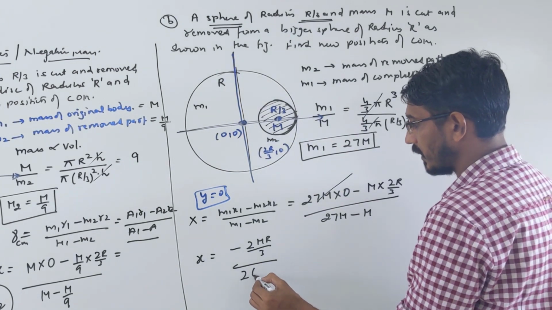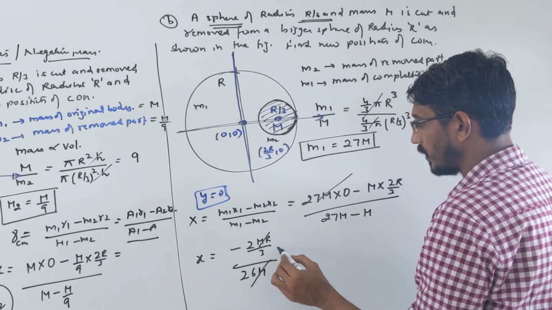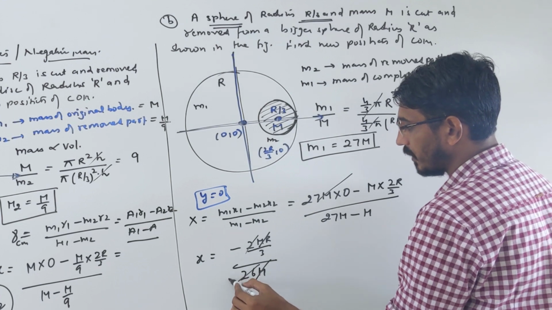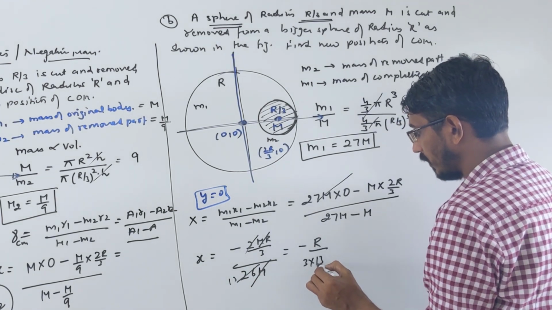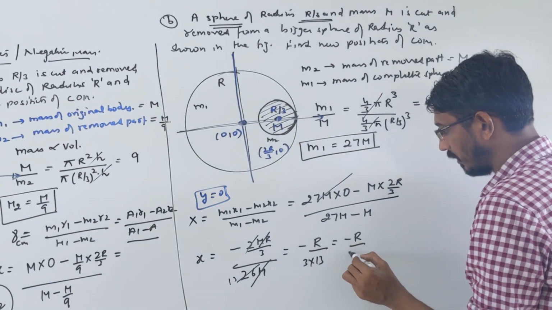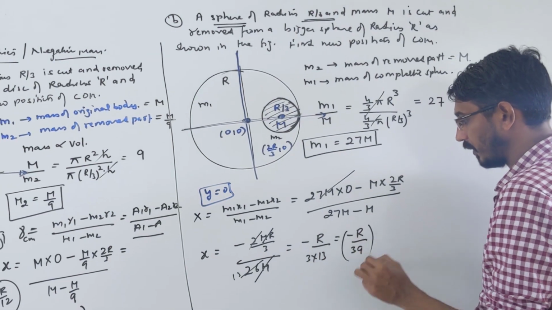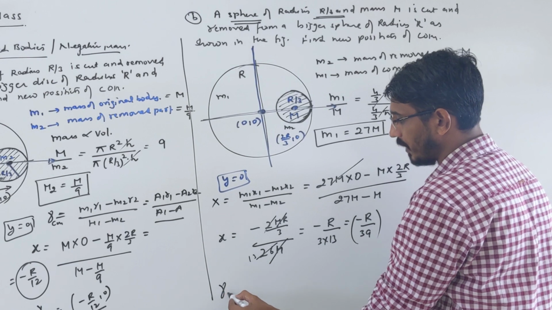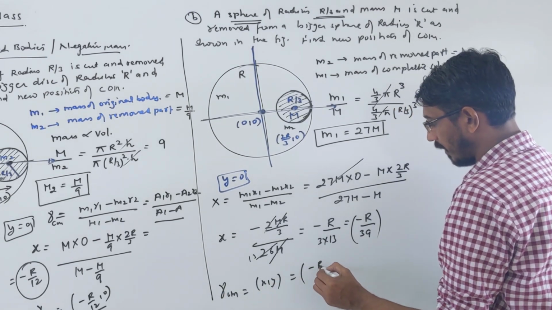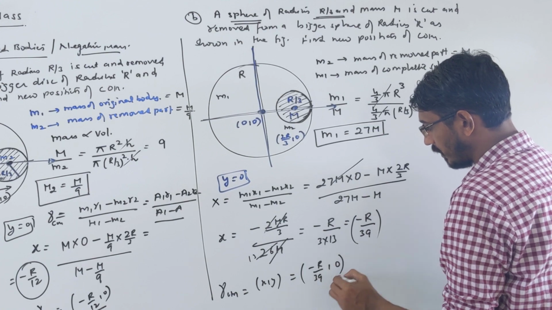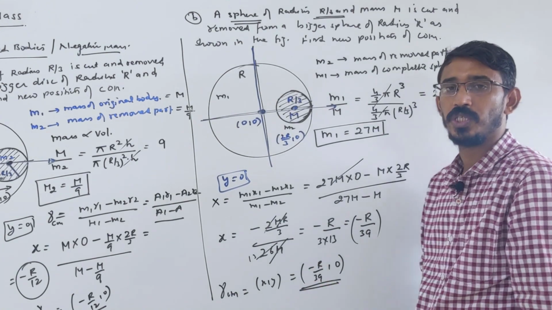So the x coordinate becomes minus 2mr by 3 divided by 26m. The m goes, 2 cancels, 13, right? So it becomes minus r by 3 into 13, or minus r by 39. So the position of the center of mass is x comma y, that becomes minus r by 39 comma 0. The y coordinate is not changing.